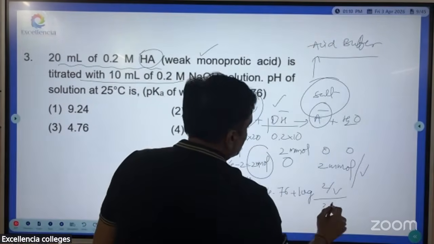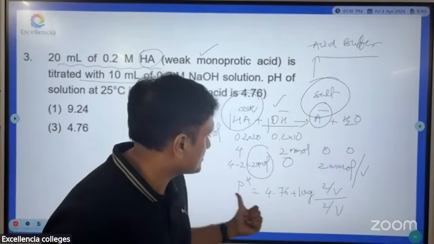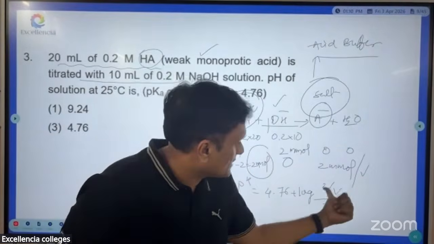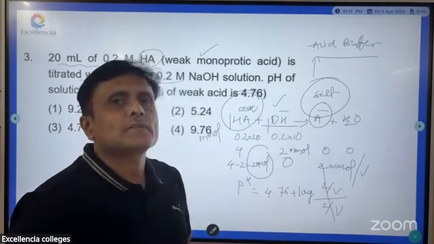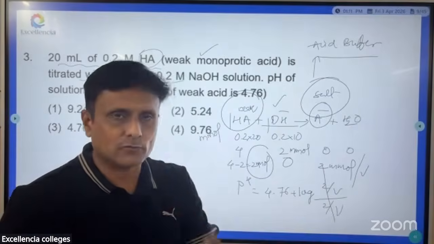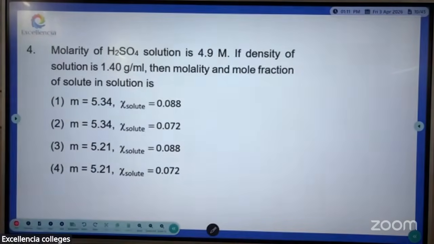Divided by 2 divided by V, the millimoles of the weak acid. If you know the formula, pH equal to pKa plus log salt by weak acid, this whole thing gets cancelled. So pH itself is pKa, which is nothing but 4.76. All right. Hope you're following.